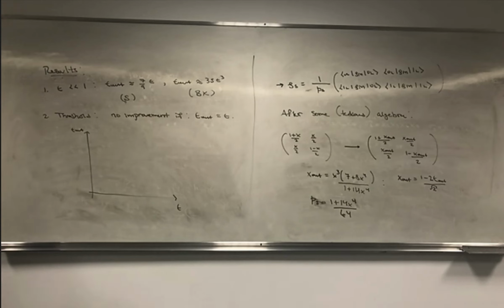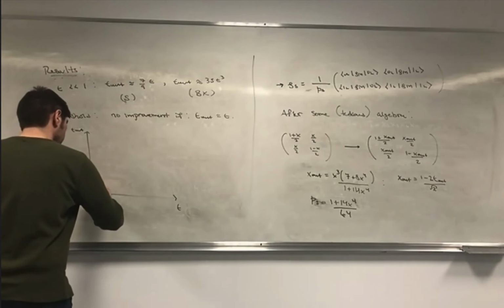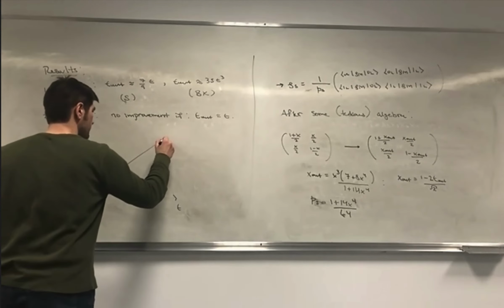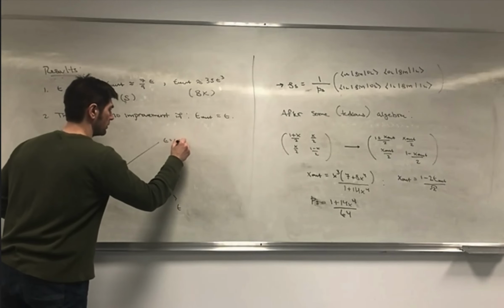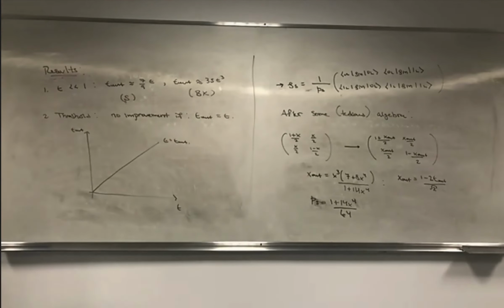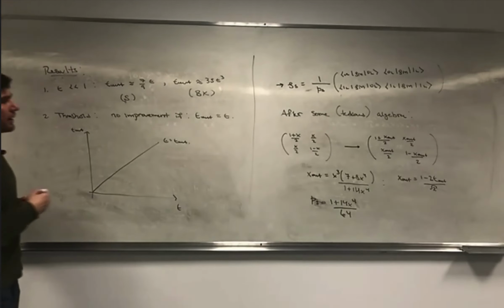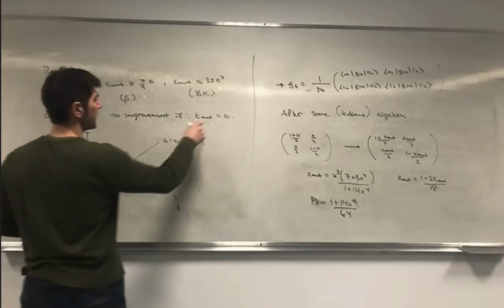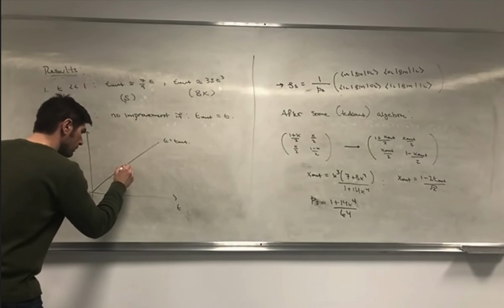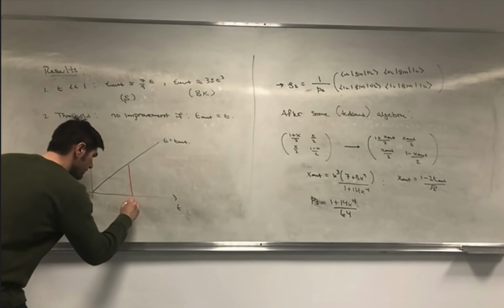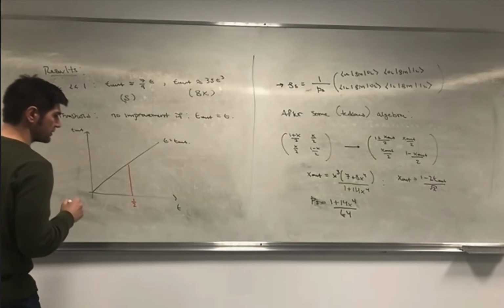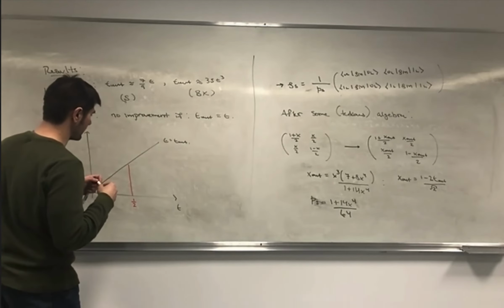Okay. Well, this is our linear. This is epsilon equals epsilon out. And when you plot this, you find that there's this when epsilon equals 1/2.